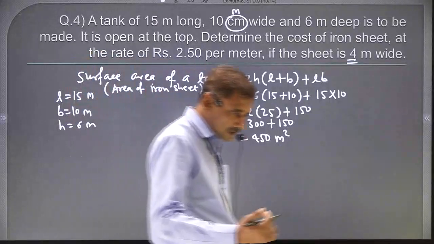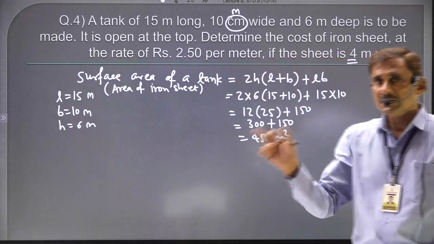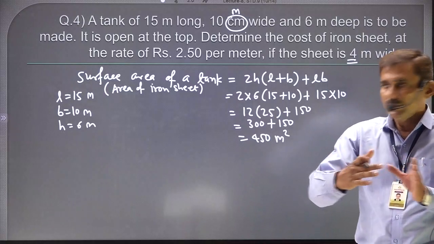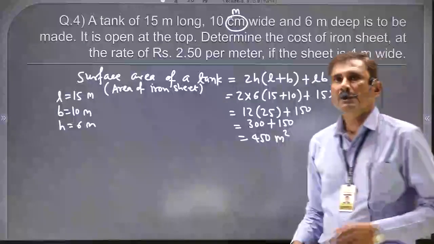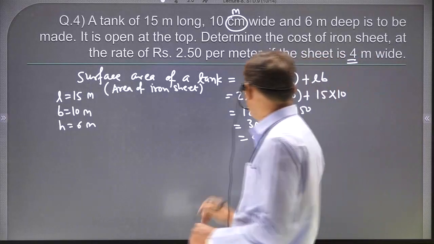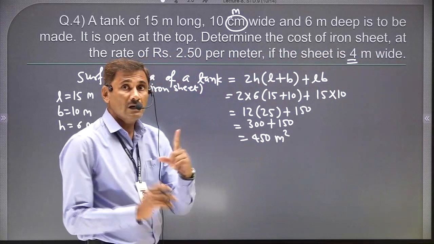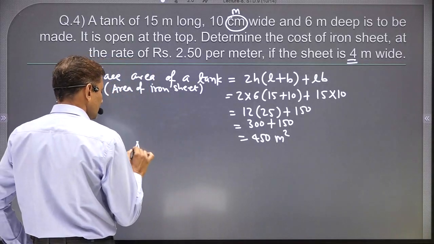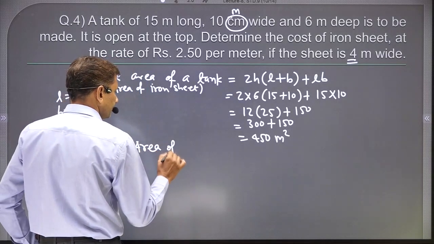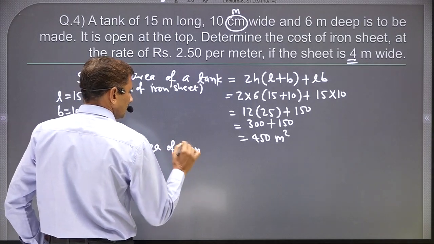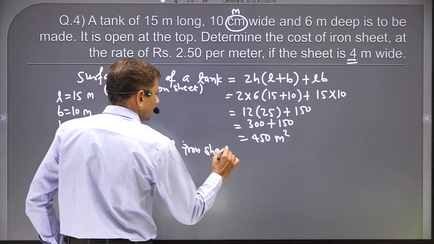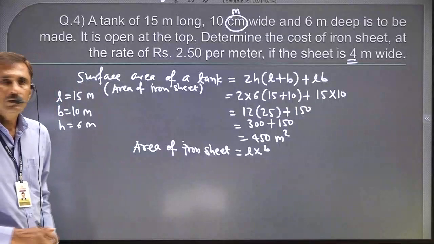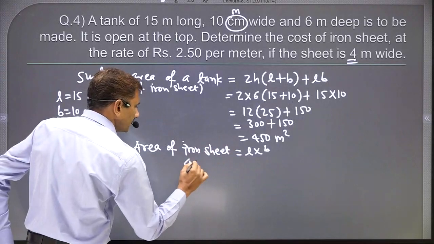Now how to get that iron sheet? Its width is fixed, 4. Okay, and it will be rectangular. If you cut that one, it will be a rectangular part. So now this will become the area of iron sheet. So now again, area of iron sheet equals L into B. Okay, now we got here 450.